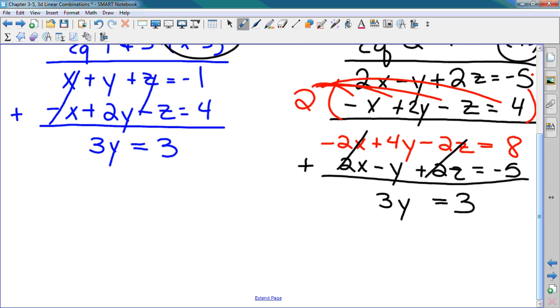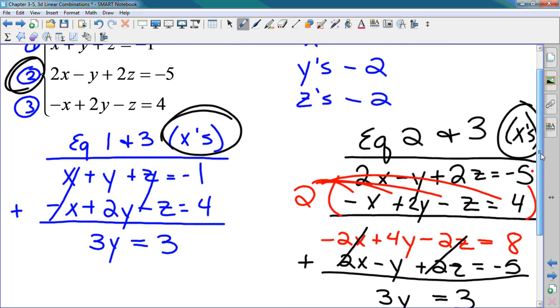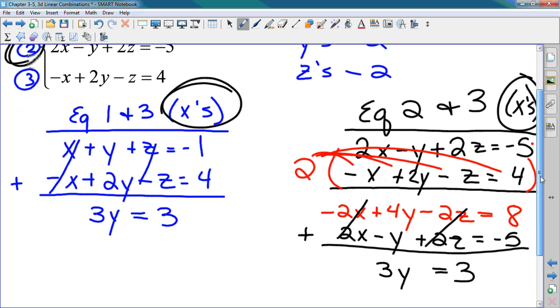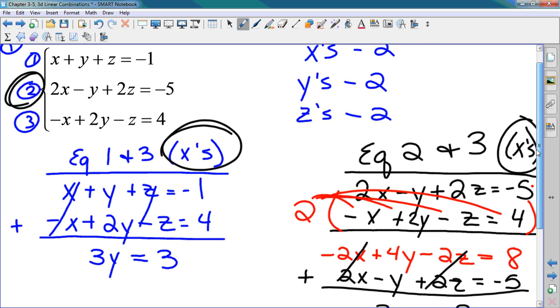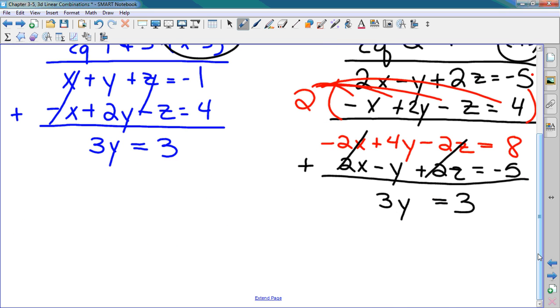Now we're going to find out, can you find what y is using these two? Yeah, you can find out what it is. So what I'm going to do is divide both sides by 3. You can do it to either one and have y equals 1. So now I have y.